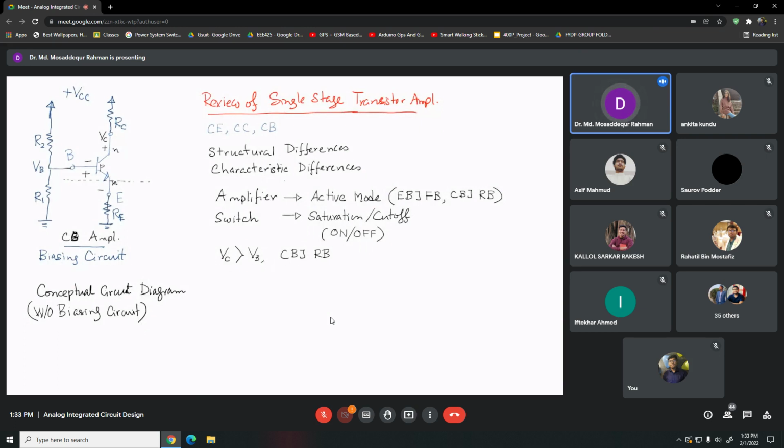VC has to be greater than VB. And for this junction to be forward biased, VB has to be greater than VE, for the emitter base junction to be forward biased. So that is our voltage VBE.